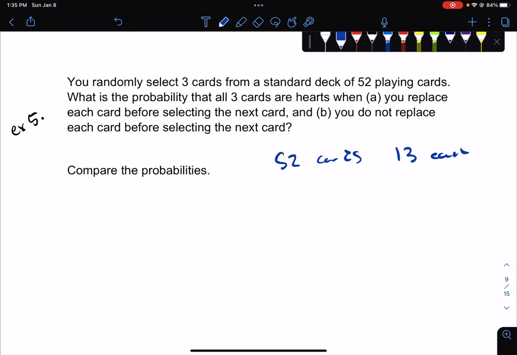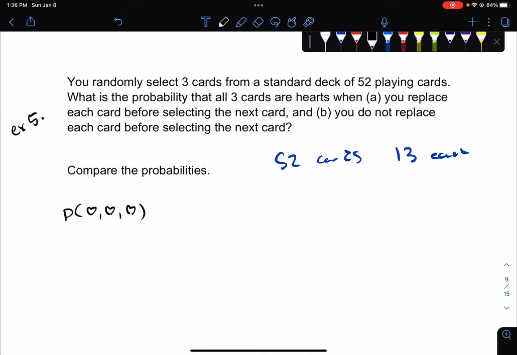So hearts, diamonds, spades, there's 13 of each, all right? So the probability of getting a heart and then a heart and then a heart, if I don't replace them and if I do.